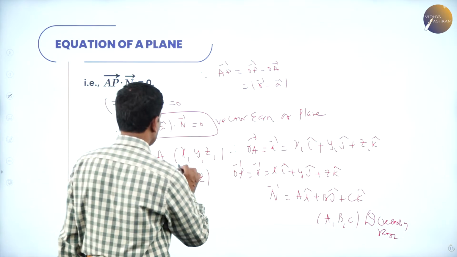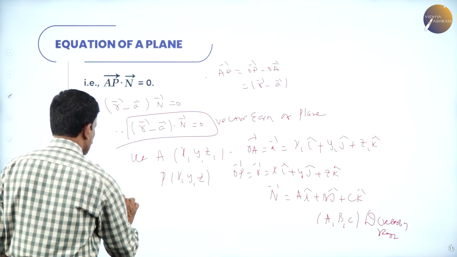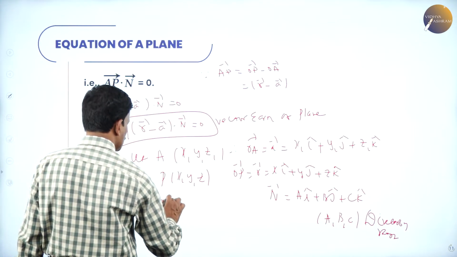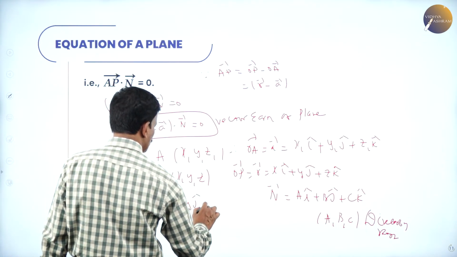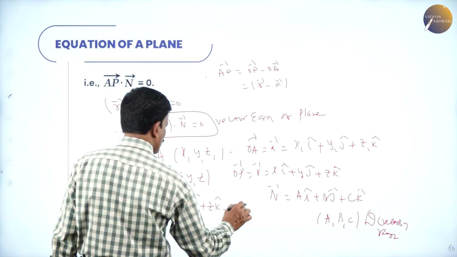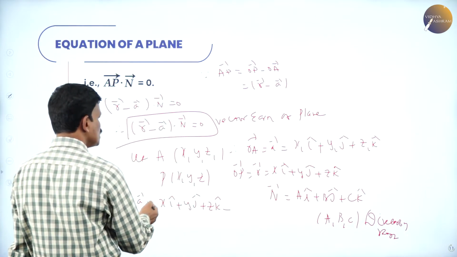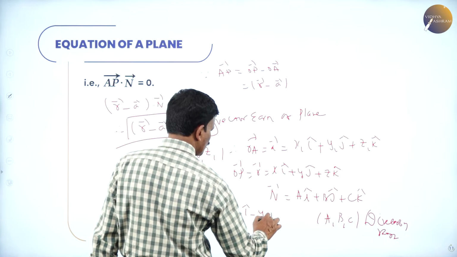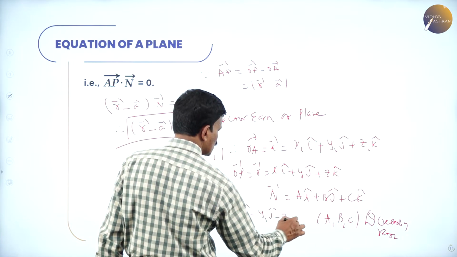Now first find vector r minus a. What is vector r? x i plus y j plus z k, minus vector a. What is a? a is equal to x1 i plus y1 j plus z1 k.